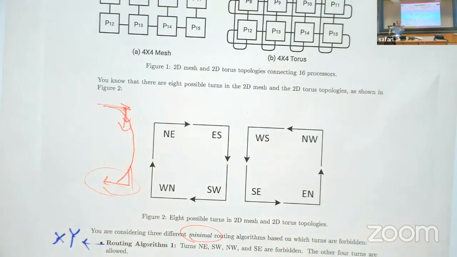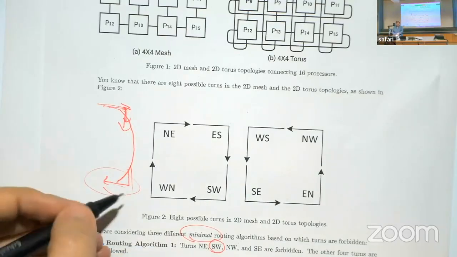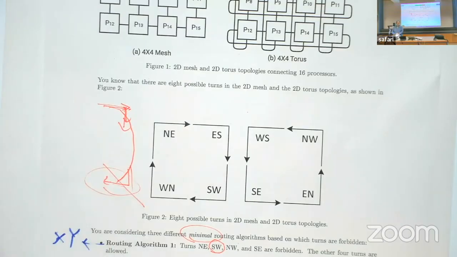Otherwise, we wouldn't have that circular dependency, right? Since in routing algorithm 1 we don't have a south-west turn, for sure we cannot have the rightmost link. And then the contradiction is false.